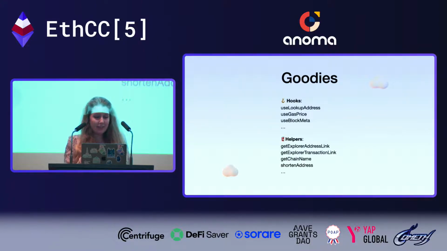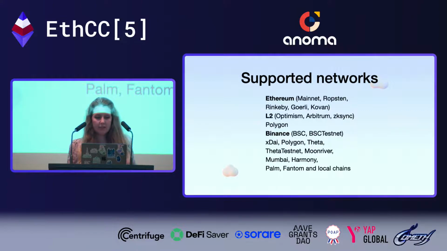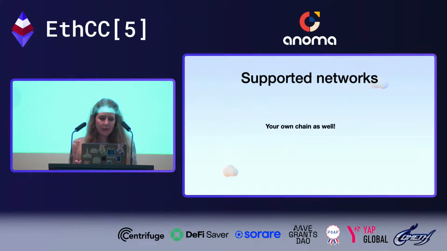And then we have a whole bunch of different helpers. I'm not going to tell you about them, but you can check them out in our documentation. We support all these different EVM-compatible blockchains like all Ethereum testnets, layer 2s, Binance, etc. But we can support your own chain as well.